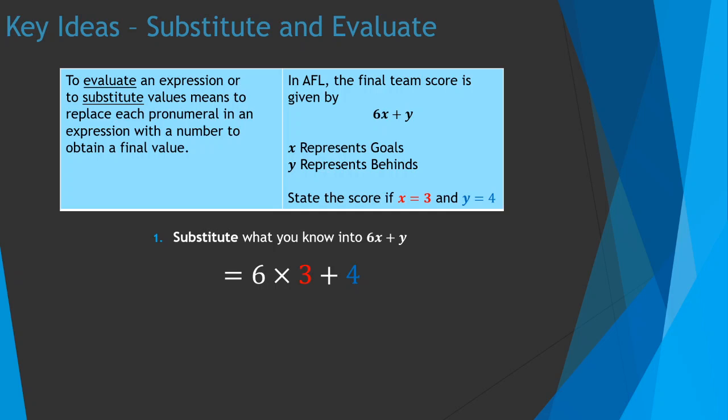And when we know that there's a number and a letter next to each other, it's like they are multiplied. So 6 times 3 plus 4. Then all you need to do is use BODMAS to work out the final value. We know that we need to do multiplication before we do addition. So that would mean that we've got 18 plus 4, and then we just add that up, and the team has scored 22 points.